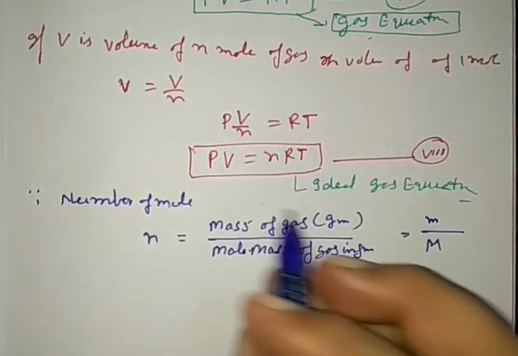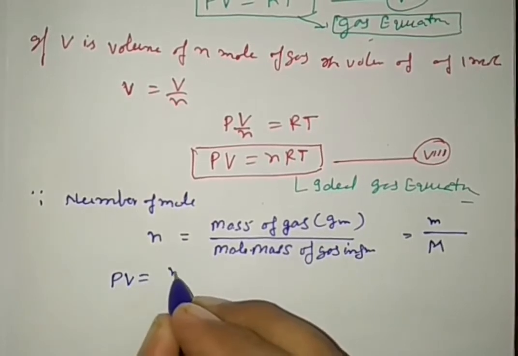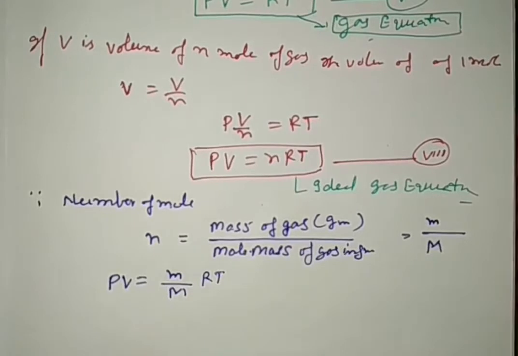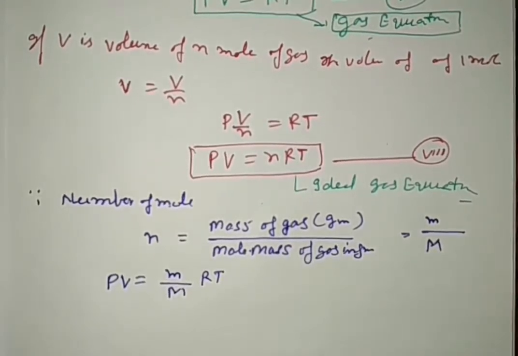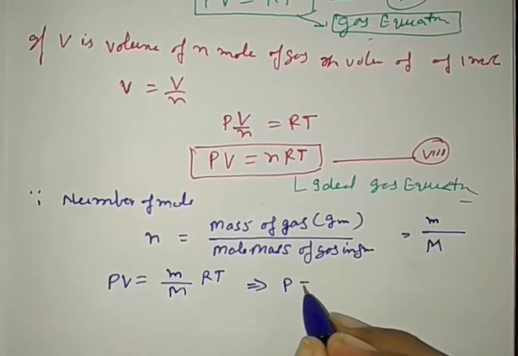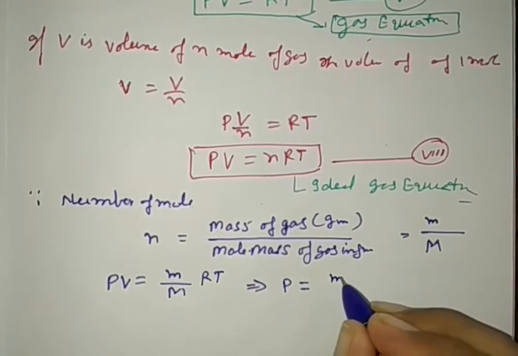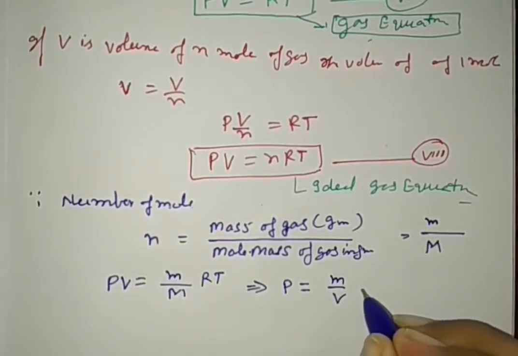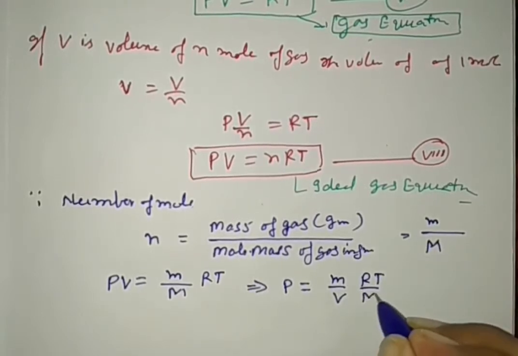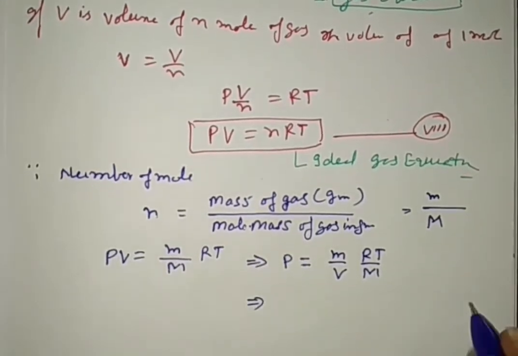So in that condition, equation 8 can be written as PV is equal to m by capital M RT. Right? And if we solve for P, it is equal to m by V into RT by capital M. Now see carefully.